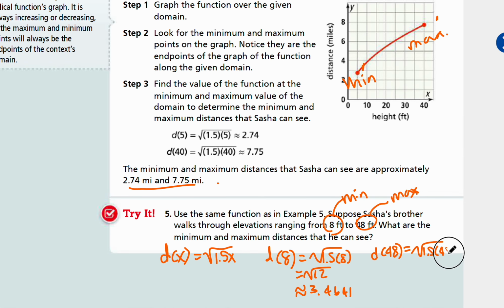Yeah, and so that's our answers. So approximately 3.46 miles and 8.49 miles would be our answer.